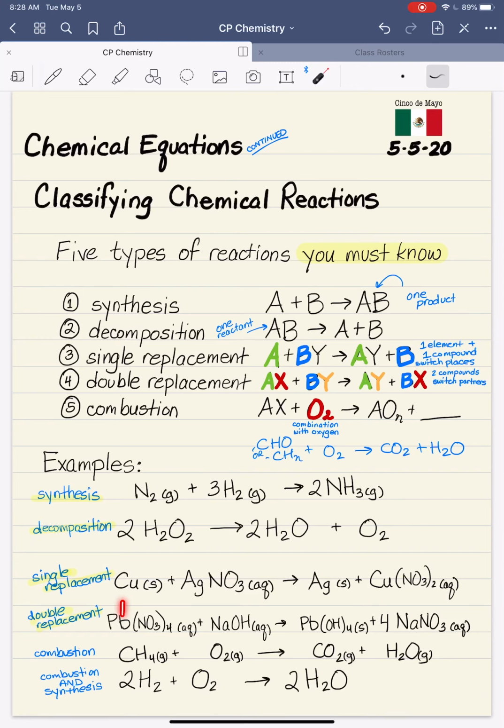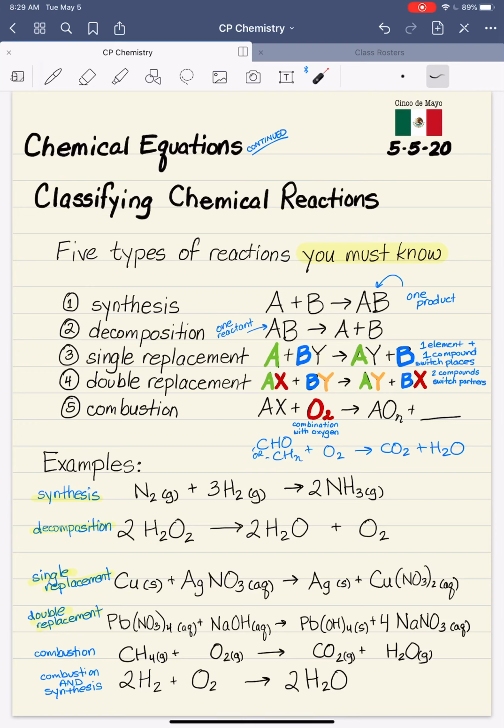In this case, the lead is getting together with our hydroxide and our sodium with our nitrate. And what we end up forming is a solid product. In this case, we call it a precipitate. When you have two aqueous solutions and we end up getting a solid product out of that, we call that a precipitate reaction. That is a specific kind of a double replacement reaction, and we'll be getting into that.